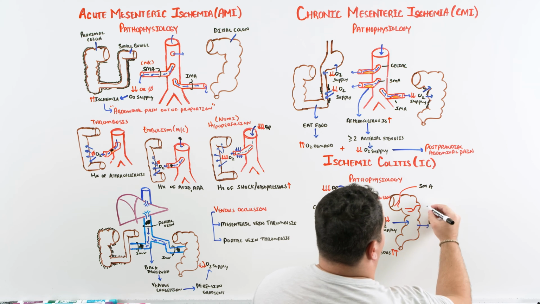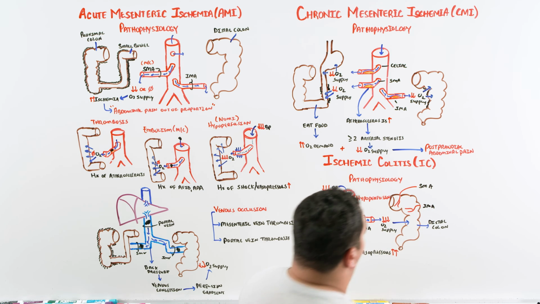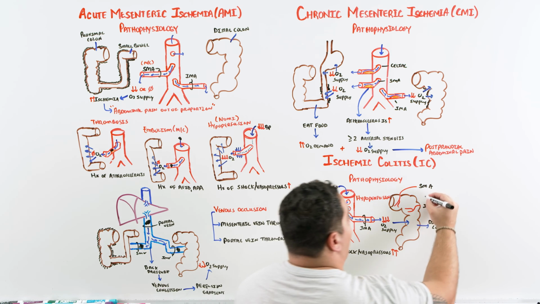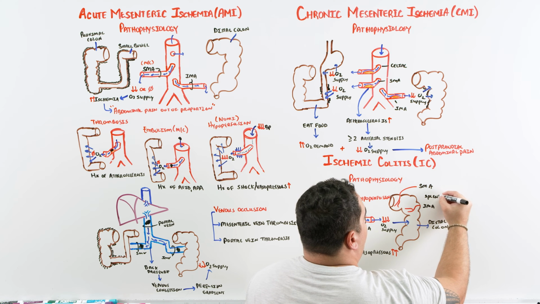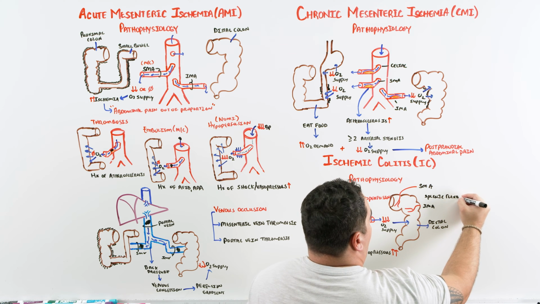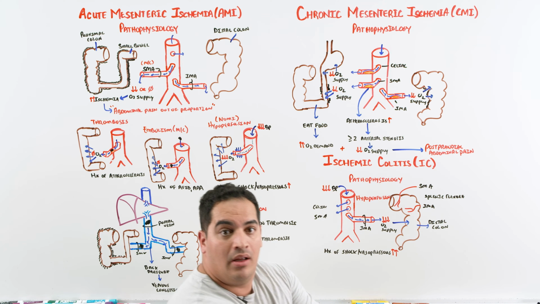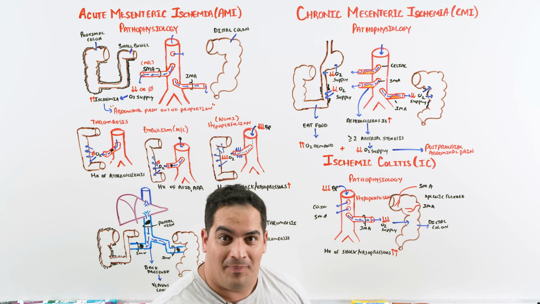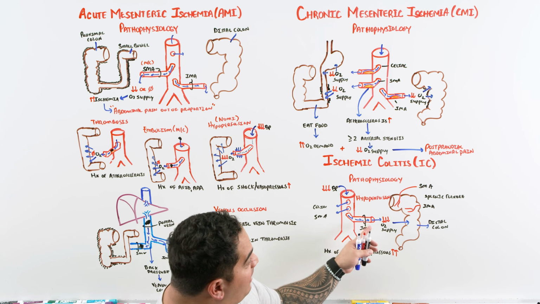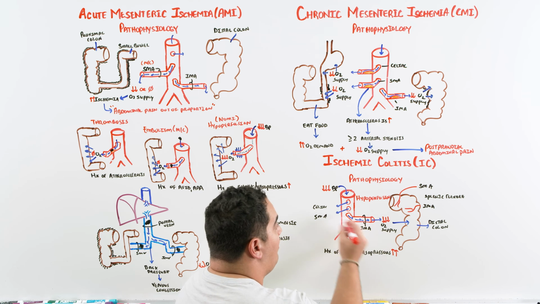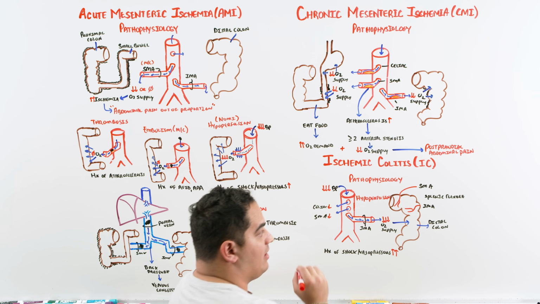So here's going to be the IMA. We call this area right at the splenic flexure. So this is the splenic flexure. We call this area where the blood supply is overlapping a little bit the watershed area. And so in patients who have profound hypoperfusion, they're decreasing not just the IMA flow, but the celiac flow and the SMA flow.